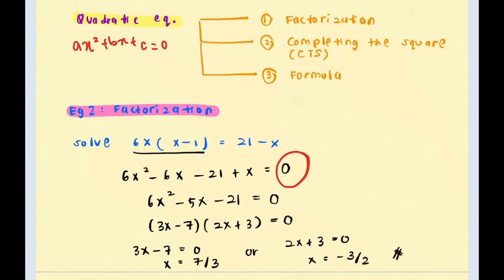So in order to solve this, make sure your right hand side is 0, and then arrange all of this here until you got quadratic equation. Okay, so now you may use a calculator, and then you may fill in the bracket. Okay, you can factorize, and then you'll get the final answer, x equal to 7 over 3. Another one, x is equal to minus 3 over 2.